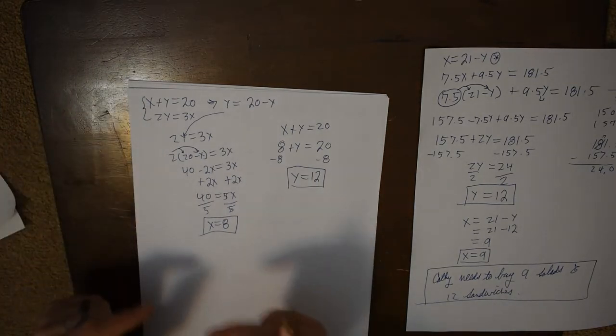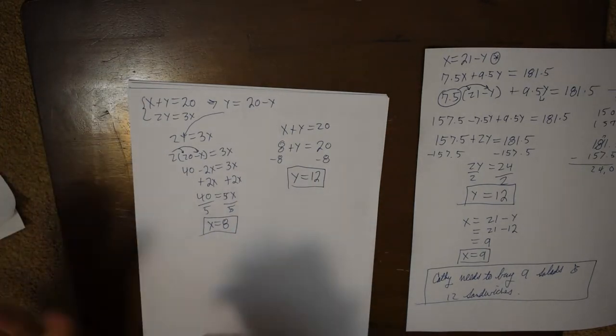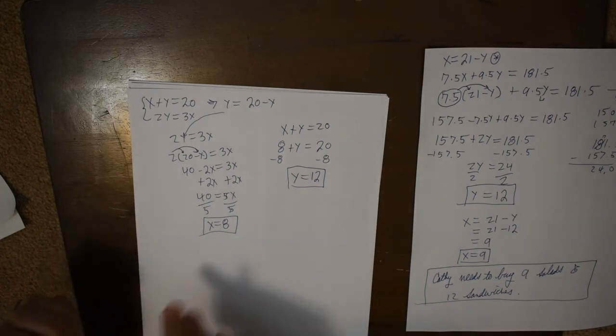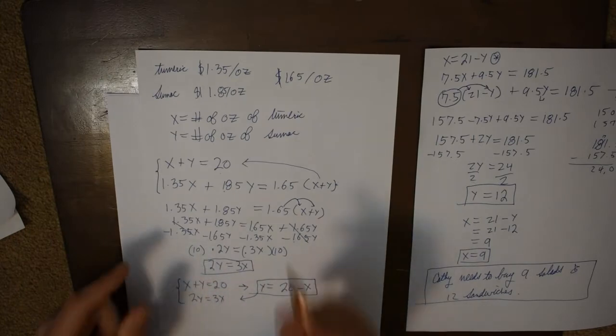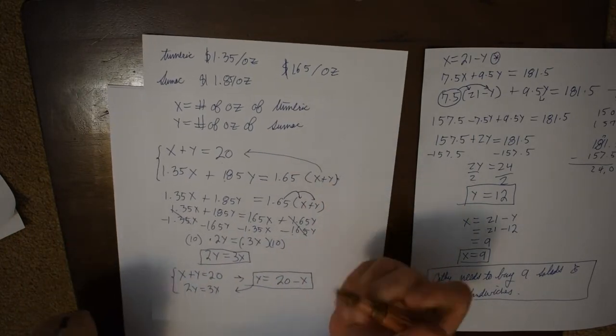But remember, this problem didn't ask us about the values of x and y. We came up with the variables x and y to help us solve the original problem. What this problem was asking us about was how many ounces of turmeric and how many ounces of sumac Ethan needed.